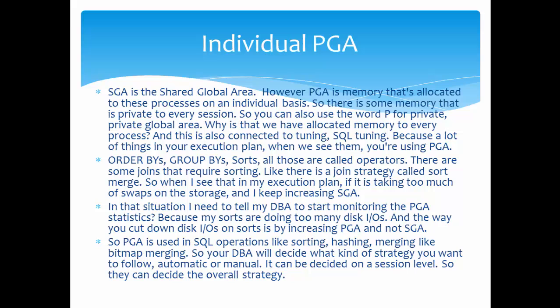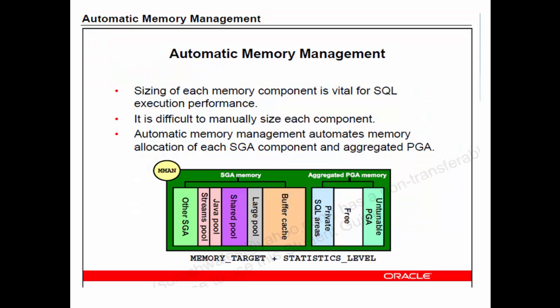Your DBA will decide what kind of strategy you want to follow, automatic or manual. It can be decided on a session level, so they can decide the overall strategy. Mostly the manual is free, and automatic you have to pay for, and there's some licensing involved. Automatic memory management, if you look at the diagram, has the SGA memory and aggregated PGA memory.